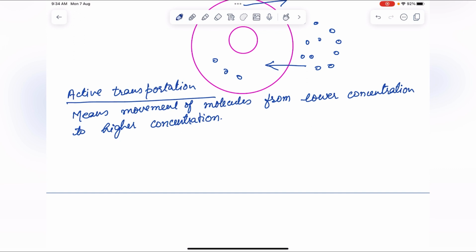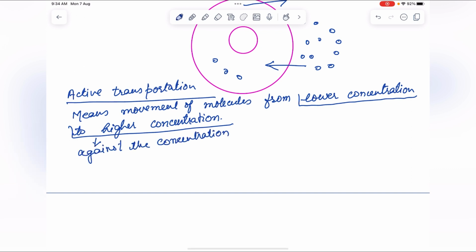It is against the concentration gradient, and for this, energy is required.